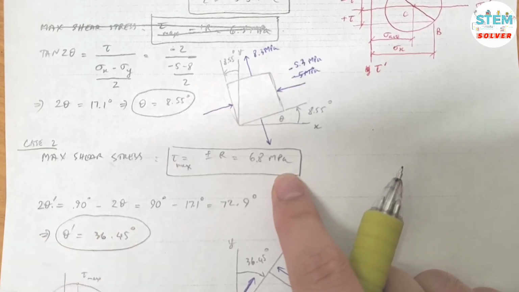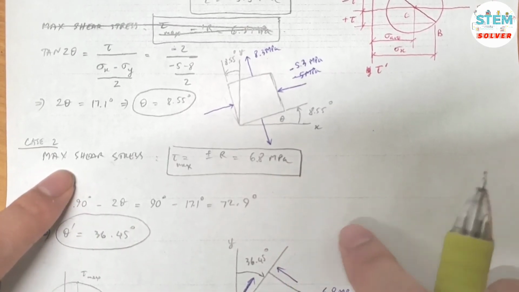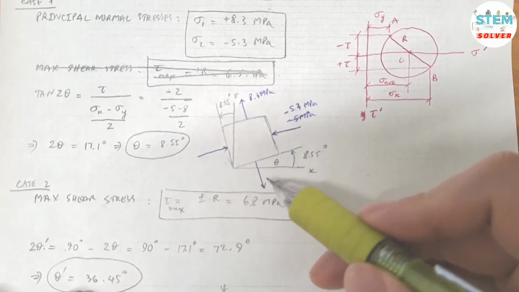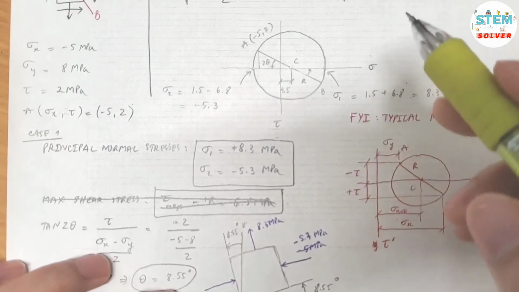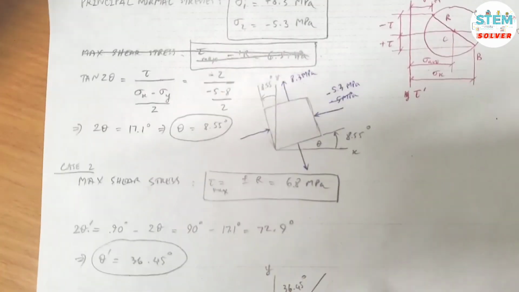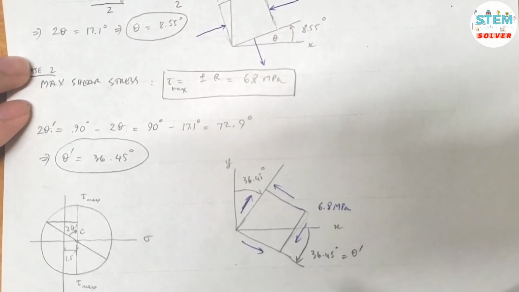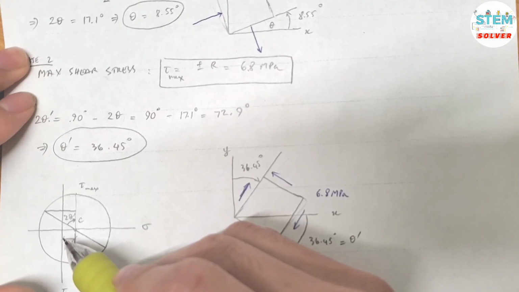All right. Now, what is the angle for the maximum shear stress? Well, in this case, back to this one is easier to represent. Now let me go down here, on the lower left corner of your video.